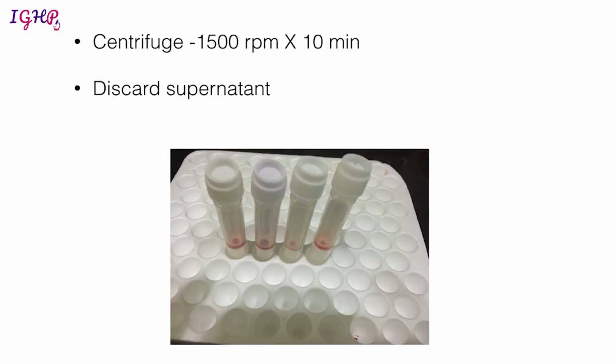So whatever material you have collected with the help of this EUS FNA, you centrifuge it at 1500 rpm for 10 minutes. You discard the supernatant and take the residual pellet. To this pellet you add 10% formalin, keep it for 4 to 5 hours or overnight, and the next day you can process it with your routine samples. So that is how you make a cell block. This is one of the ways to make a cell block in a resource constrained setting.